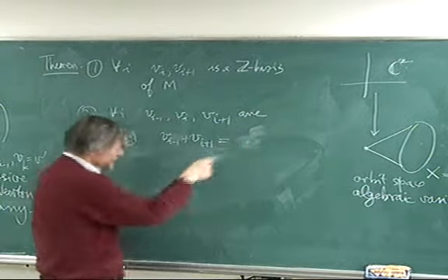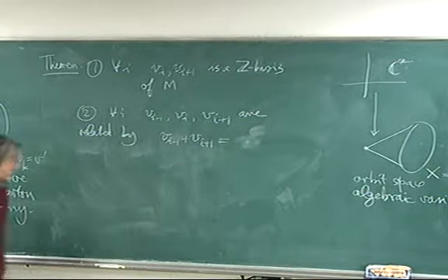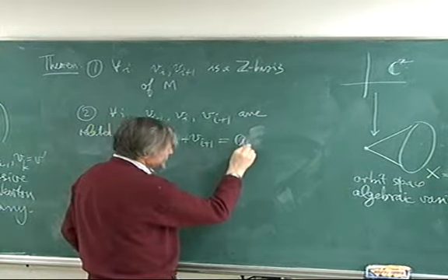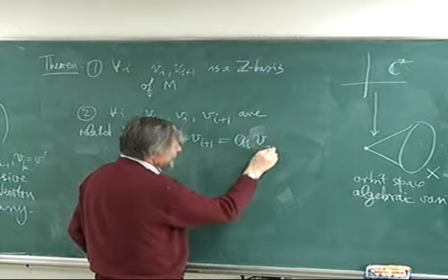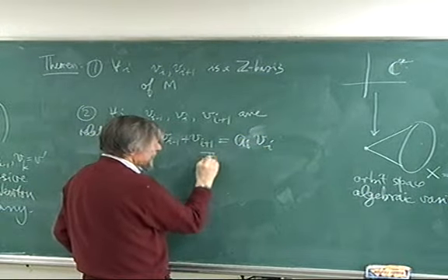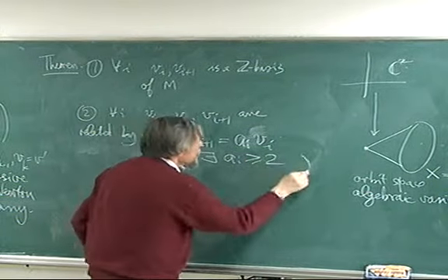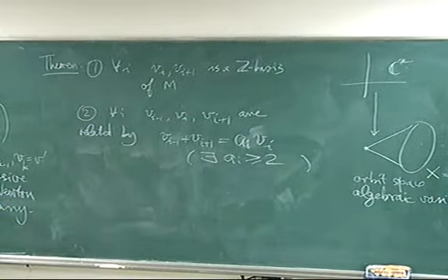In a minute the notation will turn from additive into multiplicative, but at the moment these are just points in a lattice. So ai vi for some ai greater than or equal to 2.